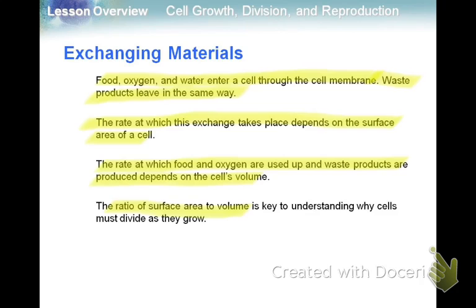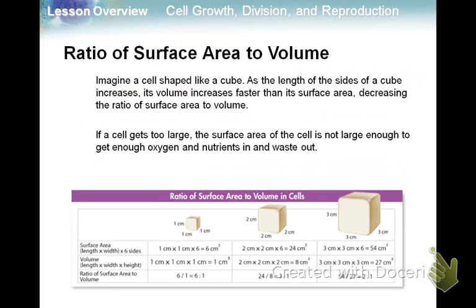We're going to take a closer look at the ratio of surface area to volume to understand another reason why cells have to divide. It's not only about the amount of information for the space, but it's literally getting things in and out that need to be gotten in and out of the cell.